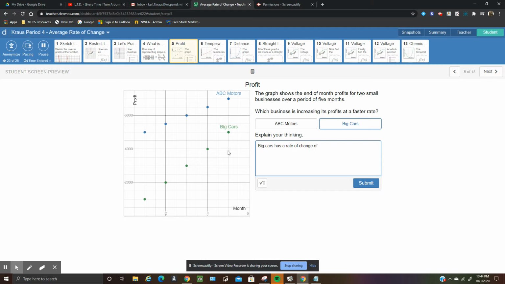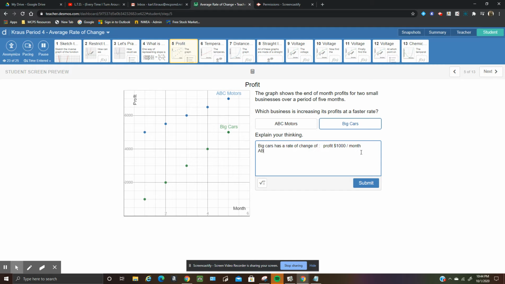The rise and the run is 1 month. So this is $1,000 per month. So we're going to say the profit for big cars is $1,000 per month.